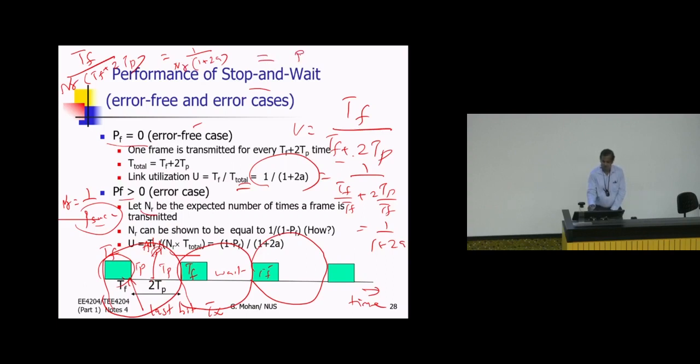So this is equal to P success divided by 1 plus 2A. If there is no error, the answer is 1 by 1 plus 2A. This is link utilization. If there is an error, you just multiply it by success probability. That's all. Success probability is nothing but 1 minus PF, because PF is the error probability.